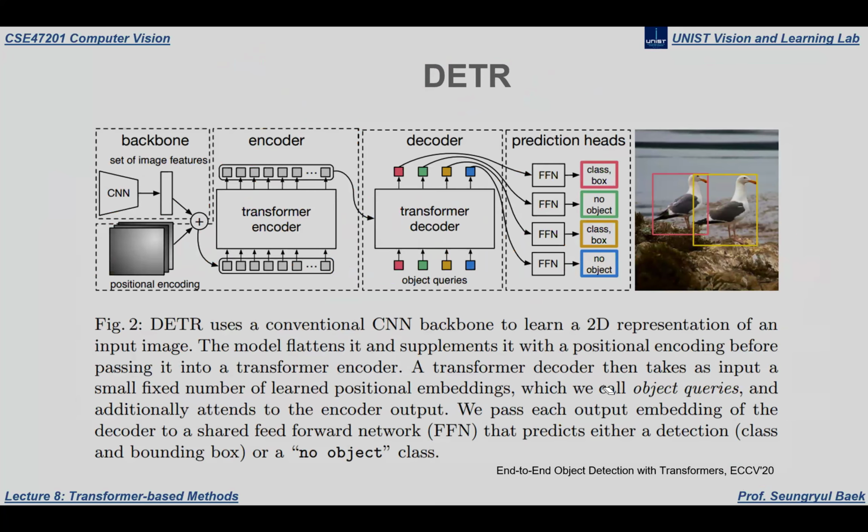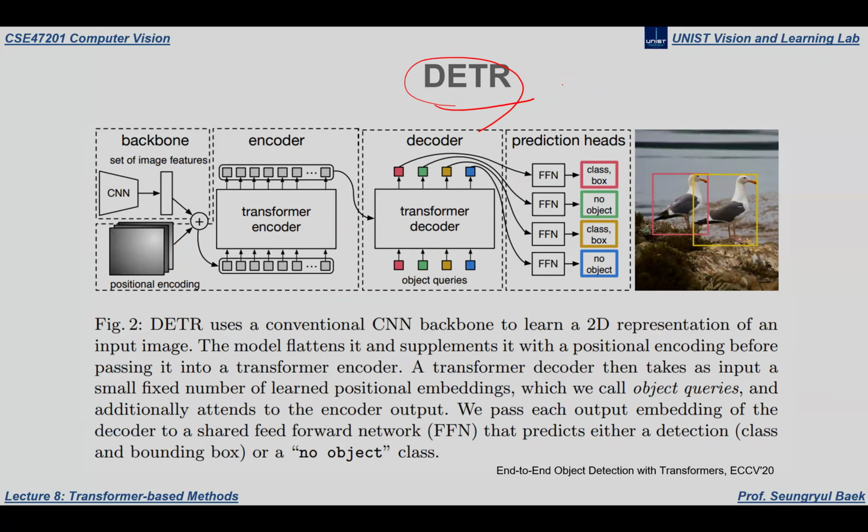So I will explain more about this DETR architecture, to give you some intuition maybe. But you don't have to implement this DETR in your assignment. Don't worry about that. This is a very complicated architecture to implement, so you don't have to implement that.